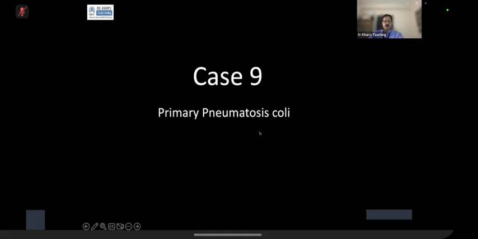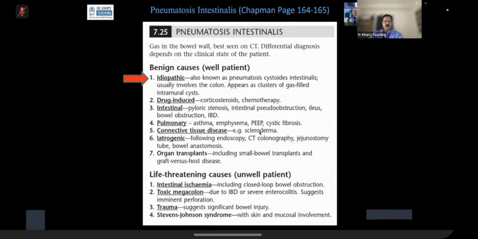Primary pneumatosis coli or primary pneumatosis intestinalis. What is this? Now, if you go to your book, Chapman, 7.25, pneumatosis intestinalis, gas in the bowel wall, best seen on CT. Differential diagnosis depends on the clinical state of the patient.